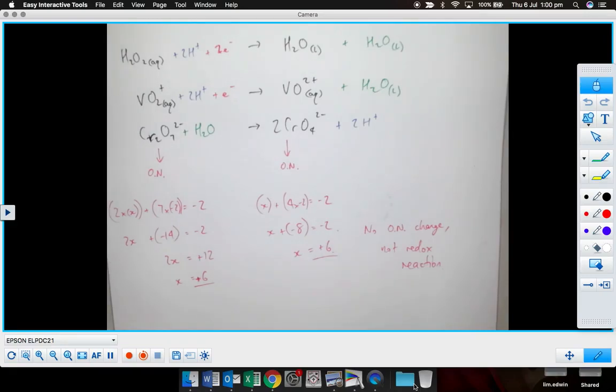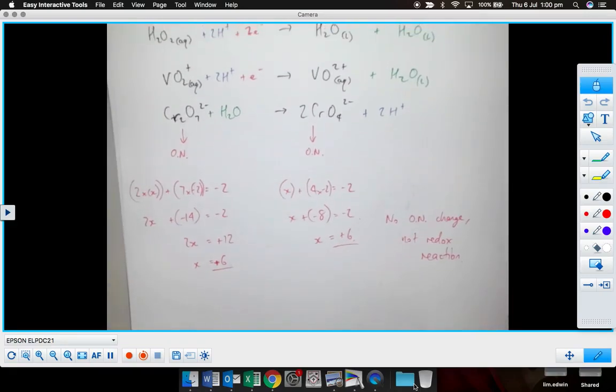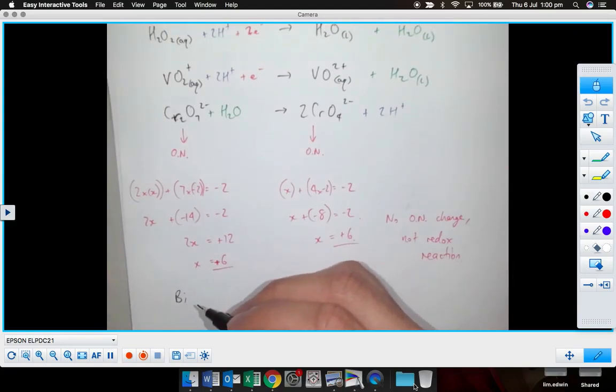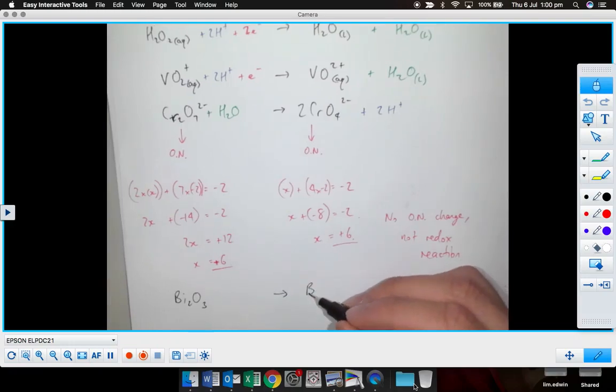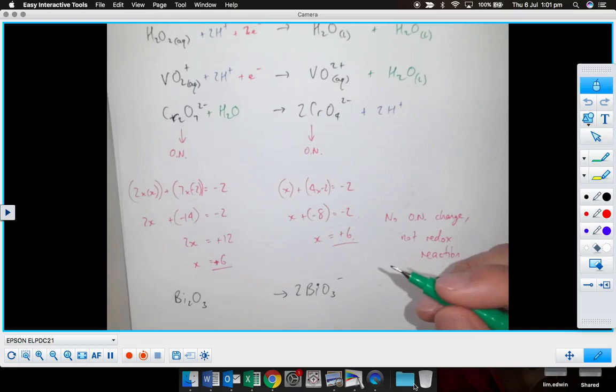Okay, so let's have a look. Bi2O3 goes to BiO3-. Again, we're going to balance out the non-oxygen and hydrogen elements, which happens to be Bi. Put a 2 in front of there. Then you've got to add in waters to balance out the oxygens.